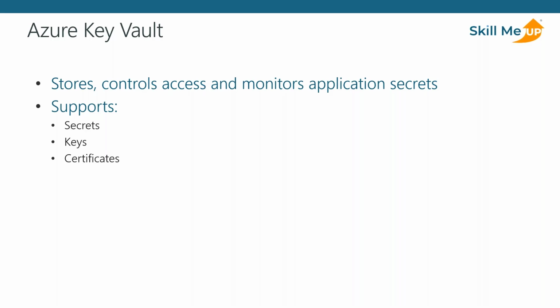Additionally, Azure Key Vault supports encryption keys, most types all the way up to 3,000, 4,000 bits. It does support certificates as well. There's some integration with existing certificate authorities. There's also a possibility to bring your own keys to the key store.